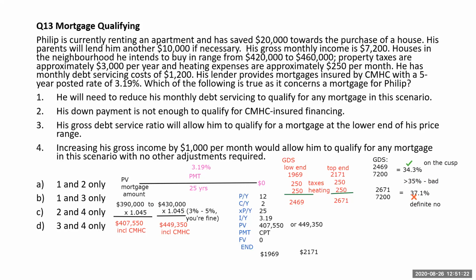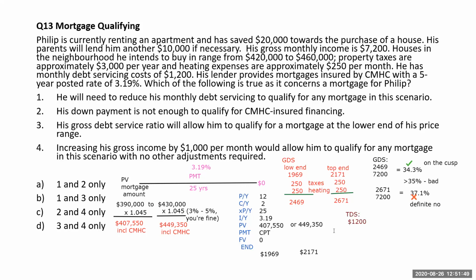All right. So now just looking at my answers. Okay, because for GDS, that's all I bring in here, Baljeet. When I do TDS, what else shows up in here? That's where I'd bring in the other 1,200 bucks. Okay.